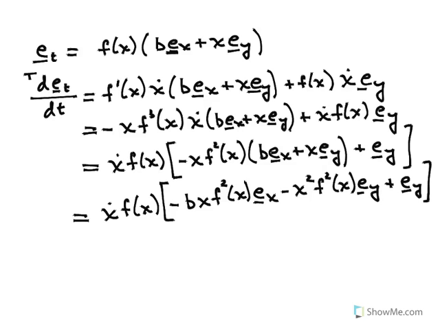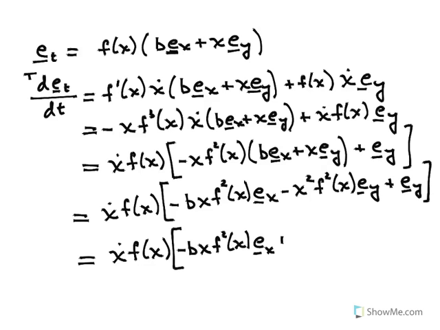Now I'm going to substitute in for f to make this expression more tractable. I got minus b times x times f squared of x times e_x, and then I've got plus (1 minus x squared times f squared of x), the whole thing multiplied by e_y.